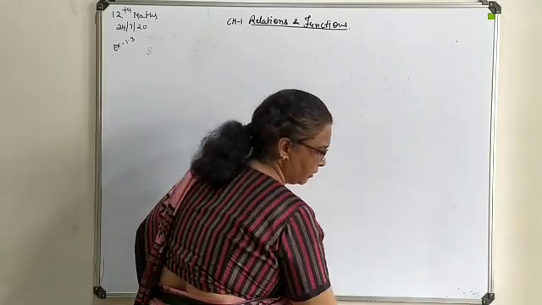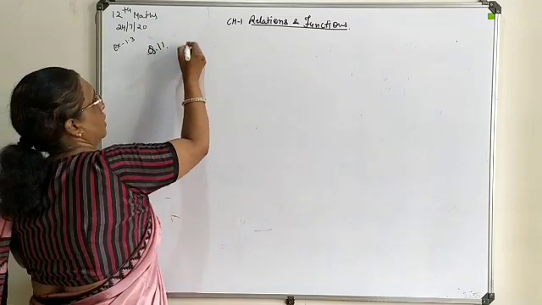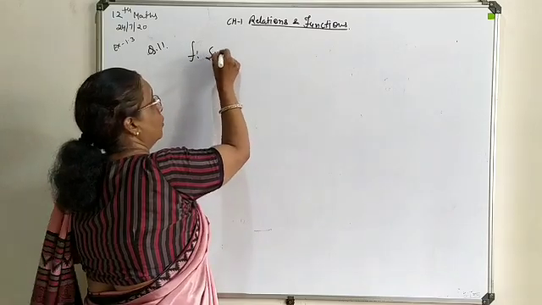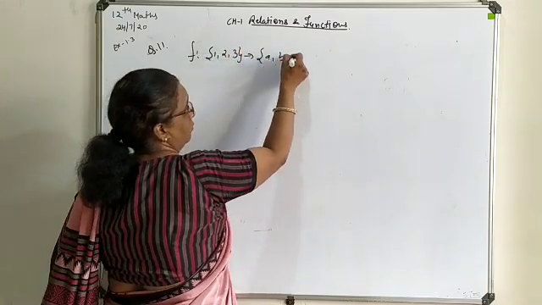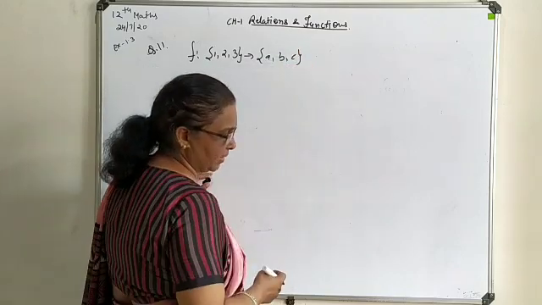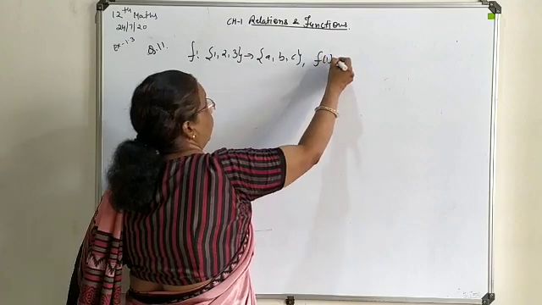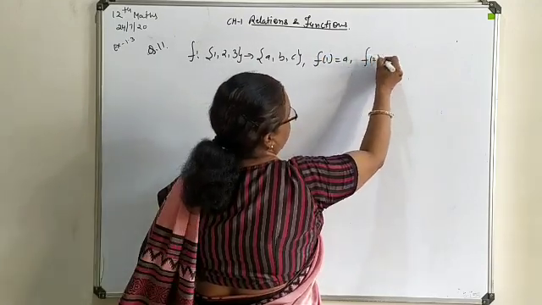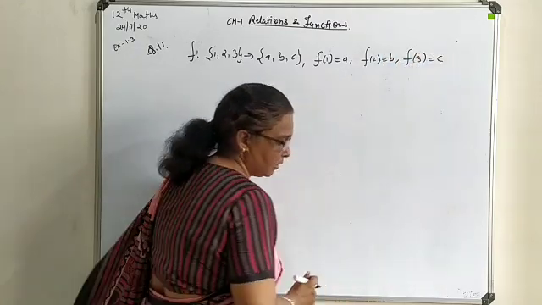In the 11th question, your function is being defined from the set 1, 2, 3 to a set containing 3 elements, alphabets A, B, C, in which f(1) is A, f(2) is B, f(3) is C.